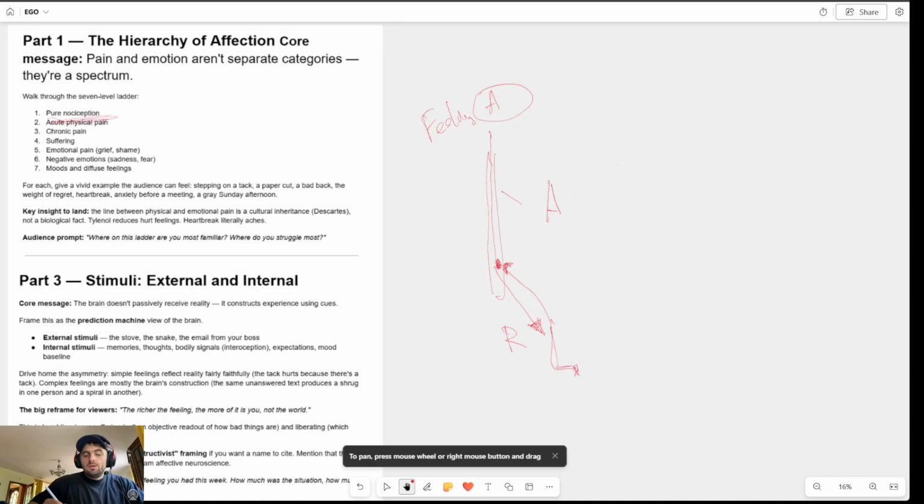But the immediate muscle reaction is faster than we feel it.